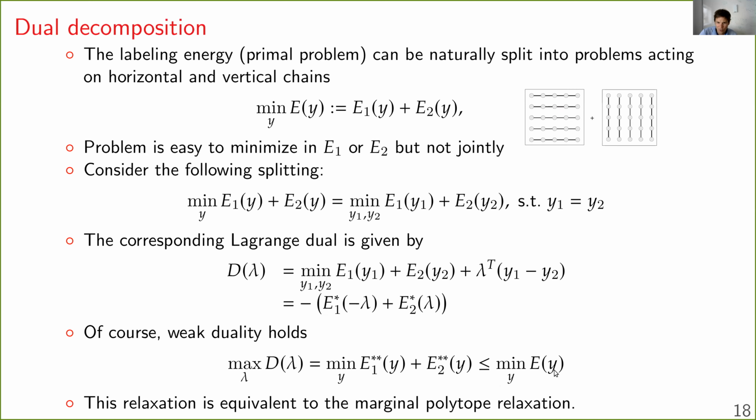And this is clearly below the original problem. And it also has been shown in different works that this Lagrangian relaxation is actually equivalent to the marginal polytope relaxation. But now it has a structure that opens more possibilities for fast optimization algorithms.